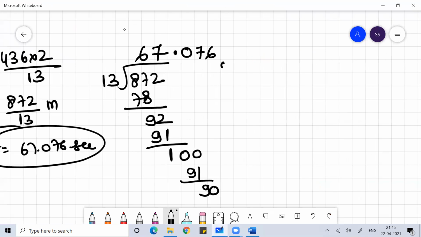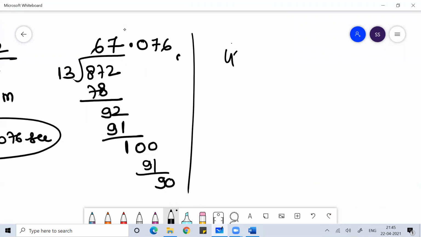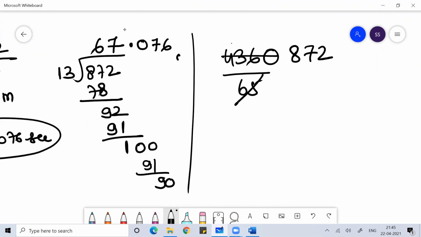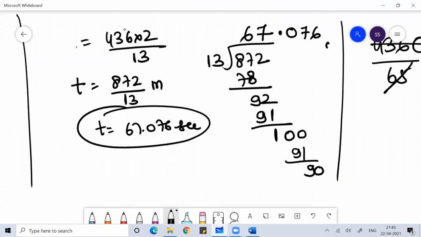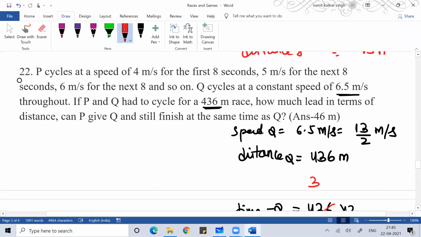Let me just reconfirm. 436 meter divided by 6.5. So this is 872 by 13, that is around 67.076 seconds. Q is going to take that.